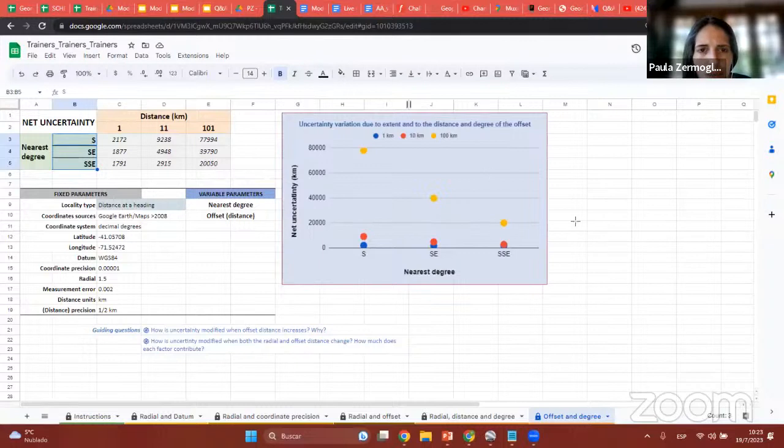Suppose that we are moving south. When we move south, from here to here, and we say X kilometers south, we have to account for some error in that south. The person that said south did not say west or east.